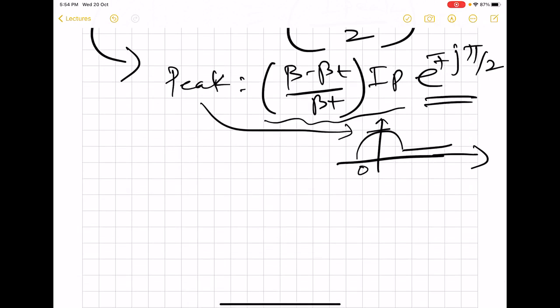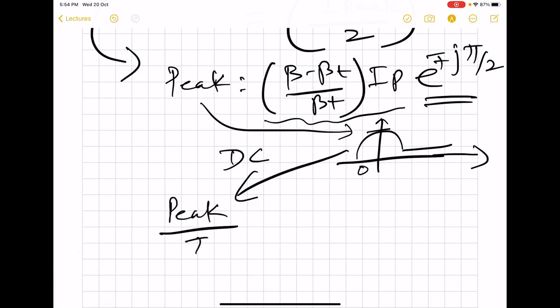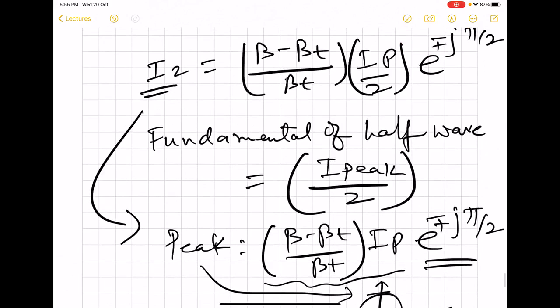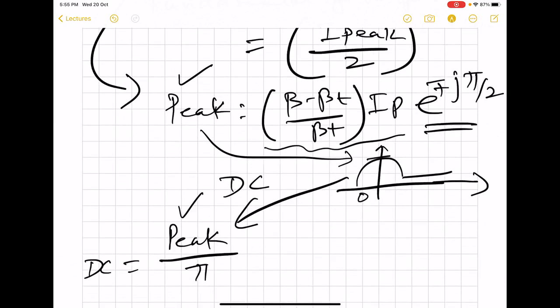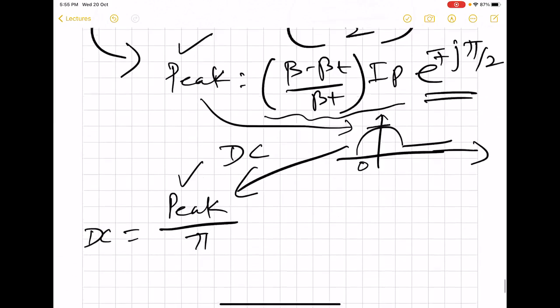So if the peak is known, then we know that DC of this waveform is peak by pi. So this is going to be the DC. So from the fundamental of the auxiliary, we extracted the peak. Once peak is known, we can find out the DC part using this formula.